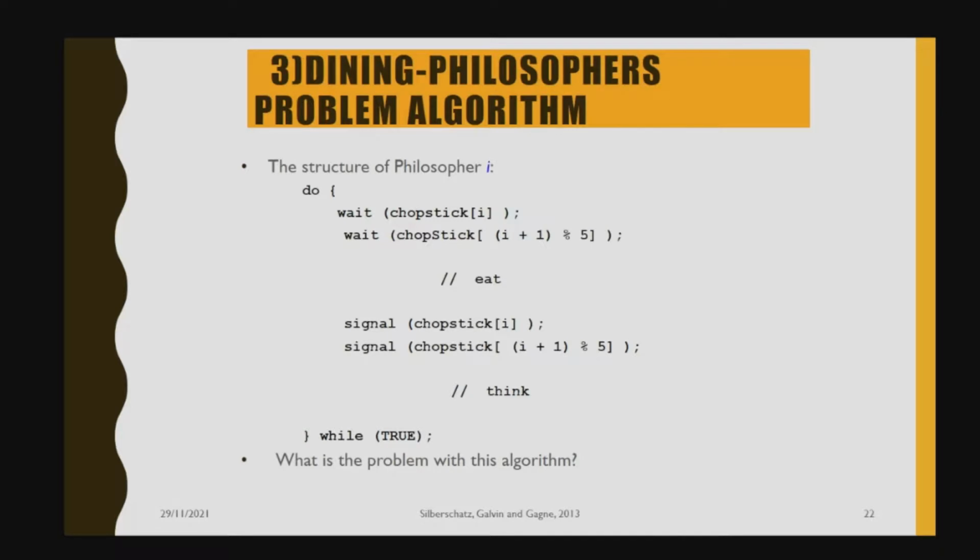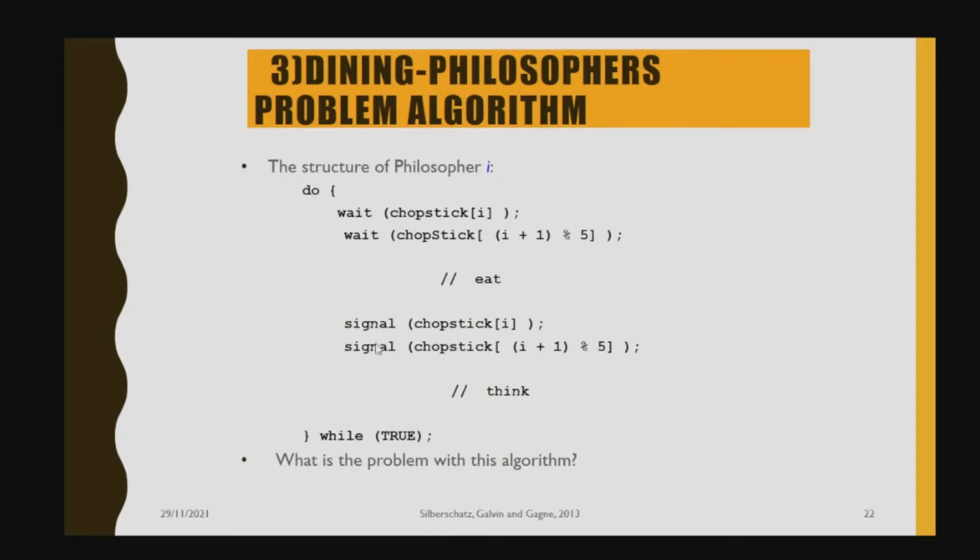So this is the structure of the philosopher. Wait(chopstick[i]), wait(chopstick[(i+1) % 5]), and then eat. When you have 2 chopsticks, then you can eat, otherwise you can't.